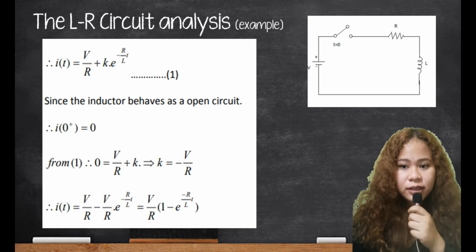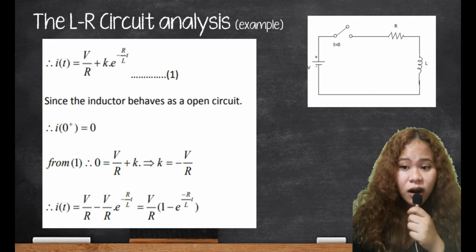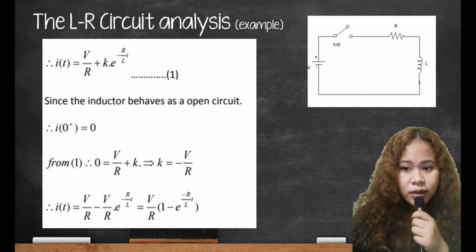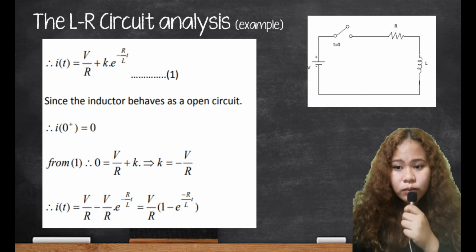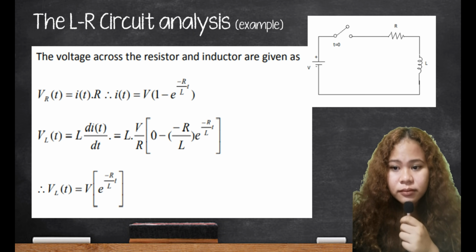Therefore, i(t) is equal to V over R minus V over R times e to the power of negative R over L times t, which is equal to V over R times quantity 1 minus e to the power of negative R over L times t.